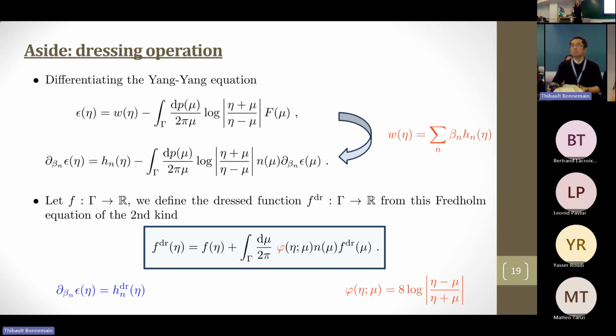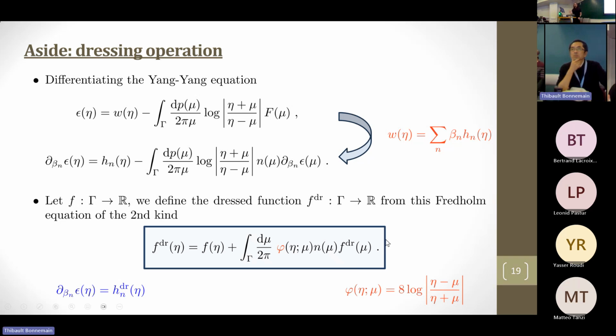So it's something we don't always know how to solve analytically, but still this type of equation is well known. There are lots of results about, say, the convergence of the equation or how to find an approximate solution. And this operation is very important in GHD.